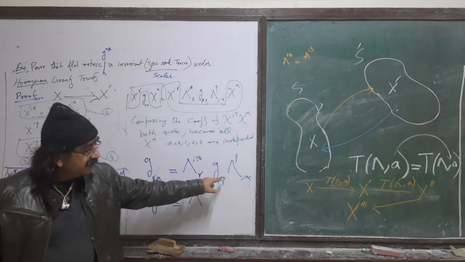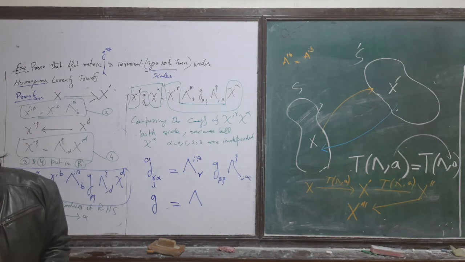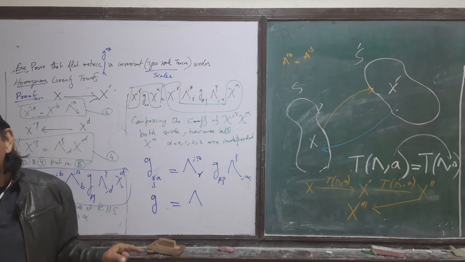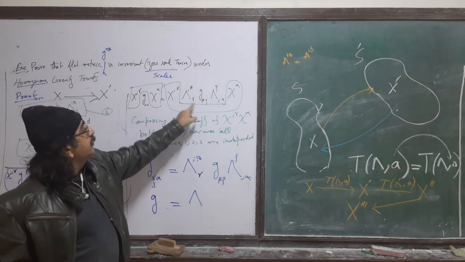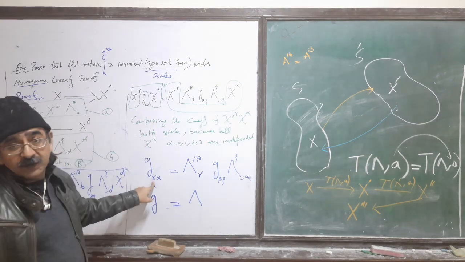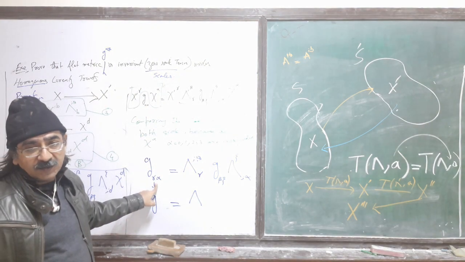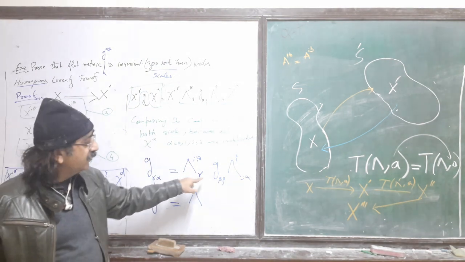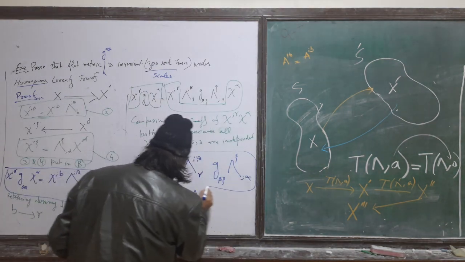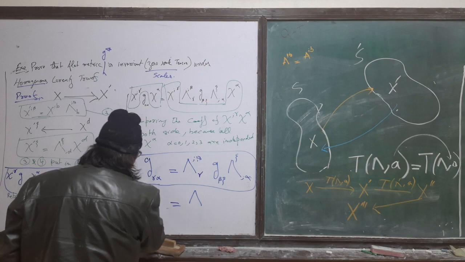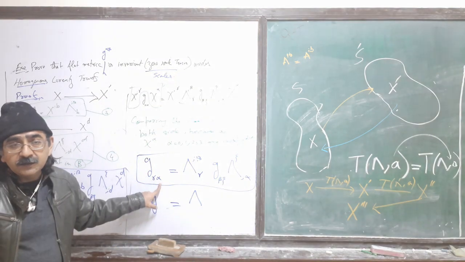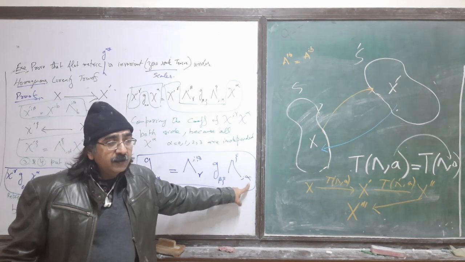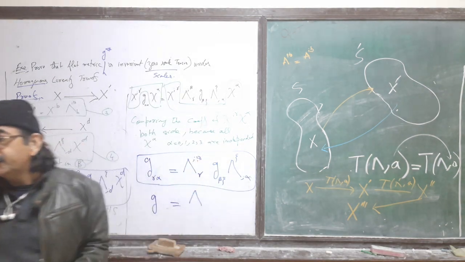If the free indices are different, then the result will be different. After comparing the coefficient, this is the result, gamma alpha. Gamma is a free index, alpha is a free index for this equation. Got it?